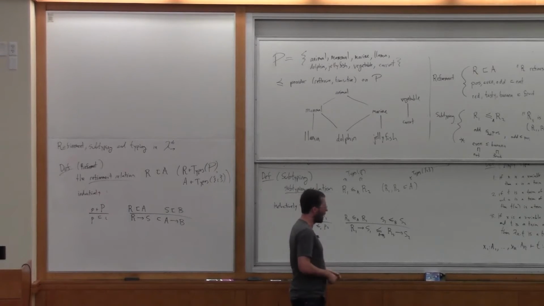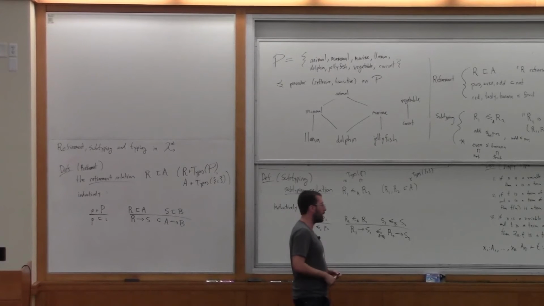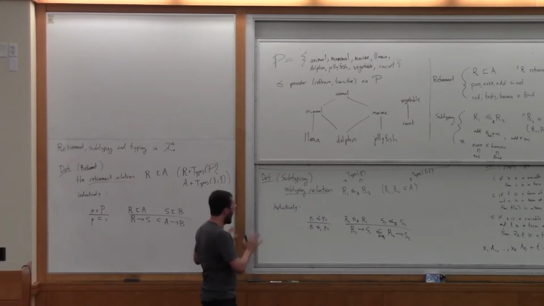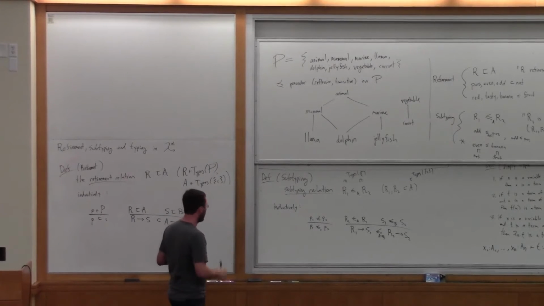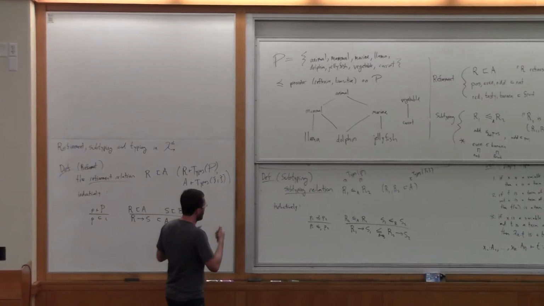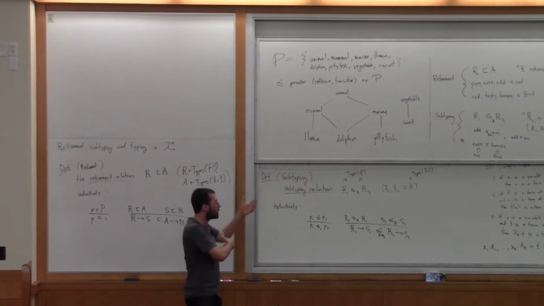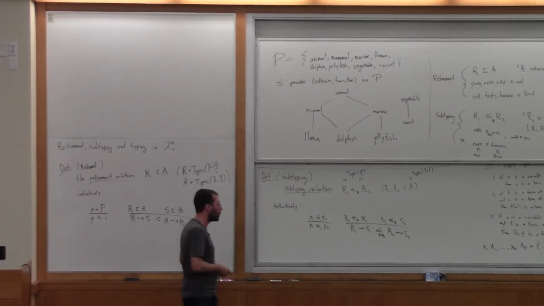I think it will become more clear later on. I want to just introduce this for now, and it's kind of abstract for now. I began by saying that there's this distinction between refinement and subtyping, which is important.